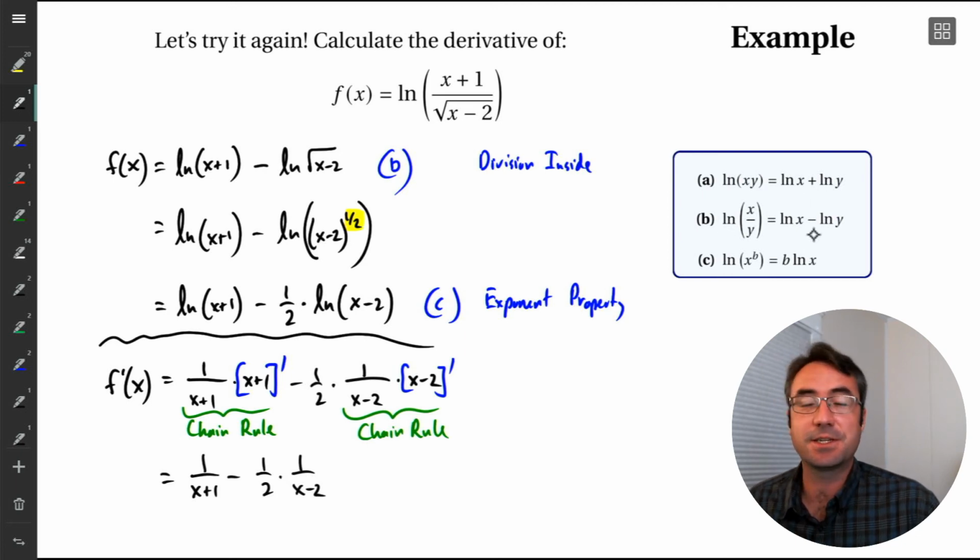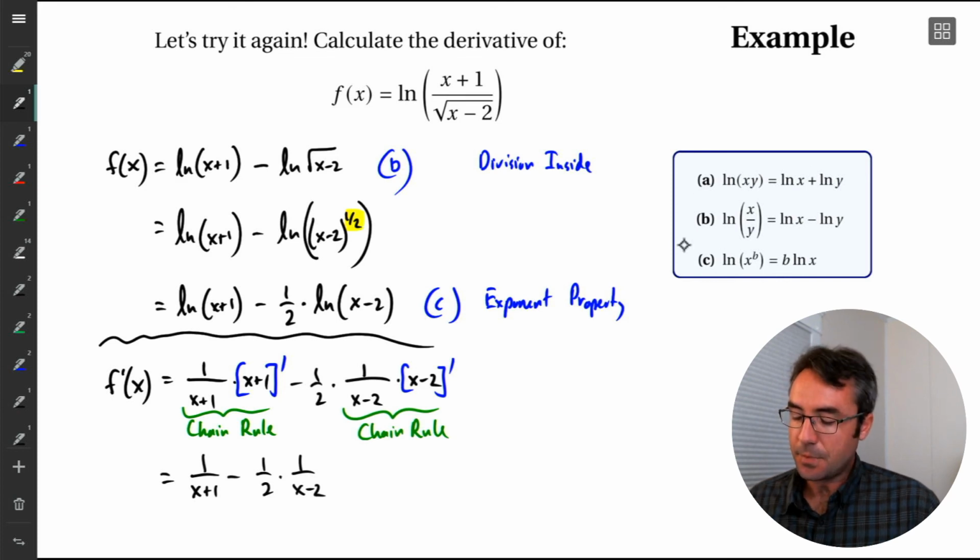The fraction gets converted into subtraction, which is also a lot easier to work with. And then this exponent ends up becoming multiplication, which in some ways is easier, especially if that's a constant multiplication, then that's no problem at all.